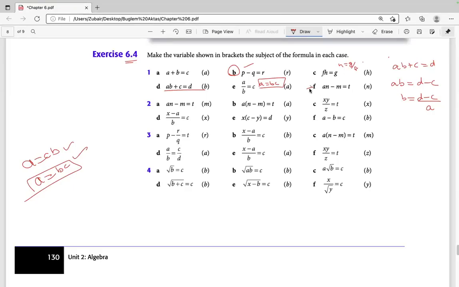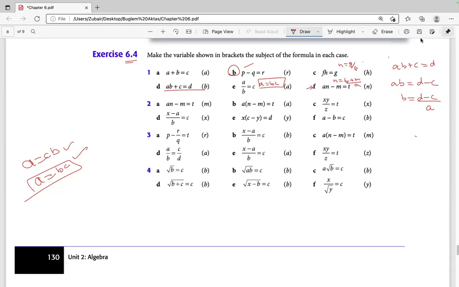Okay, F part. N equals P plus M over A. Correct.